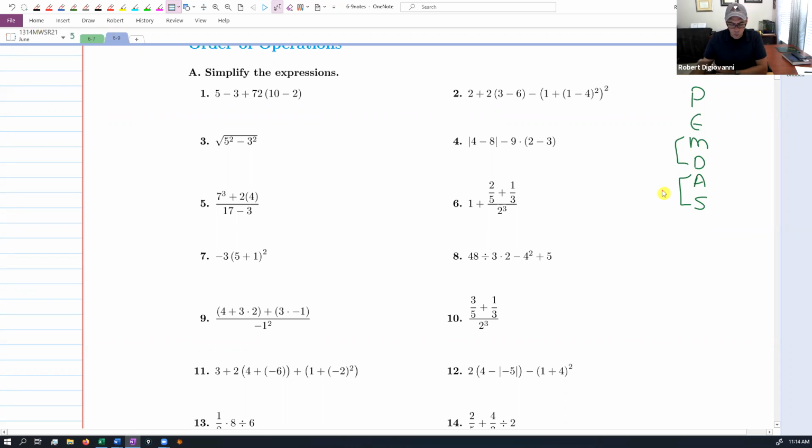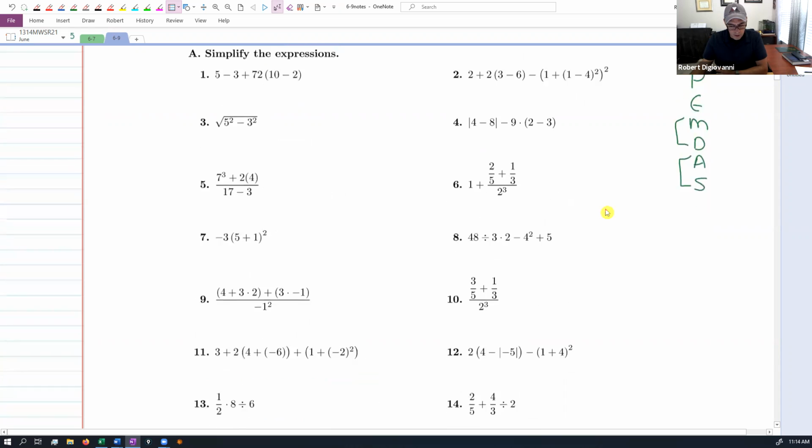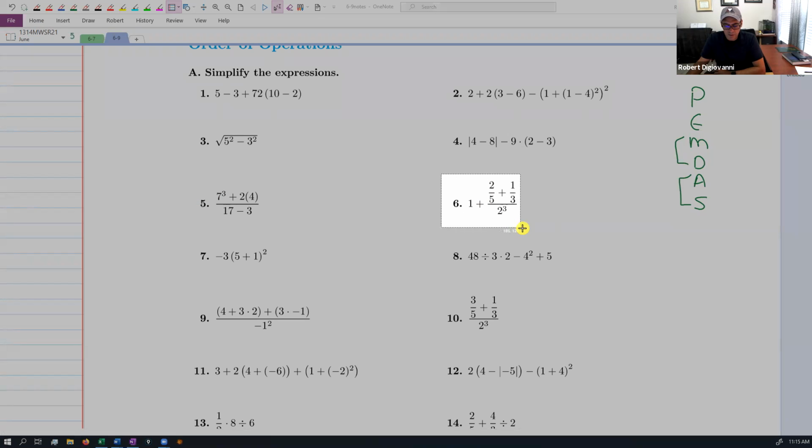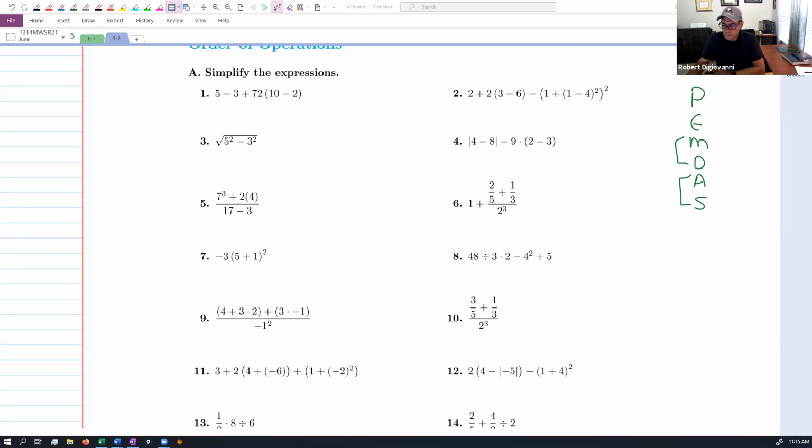So look at the ones you can see right here. Does someone have one that they are looking at and they're like, ooh, I don't know if I could do that? Could we do 6? We'll start with 6. Yeah, 6 looks pretty complicated.